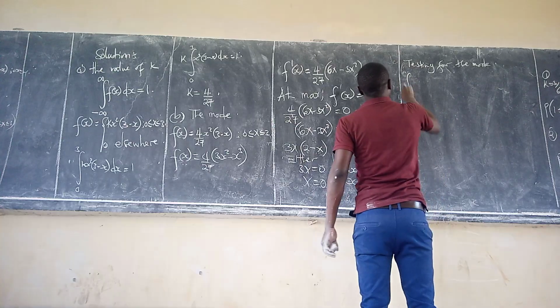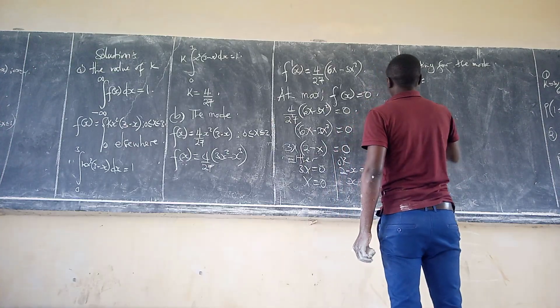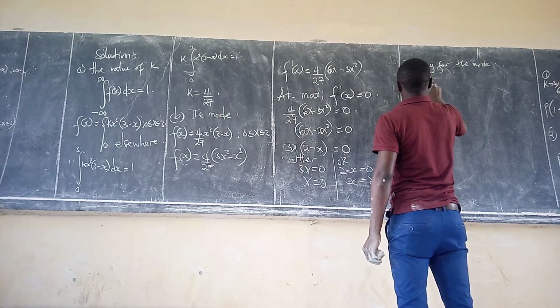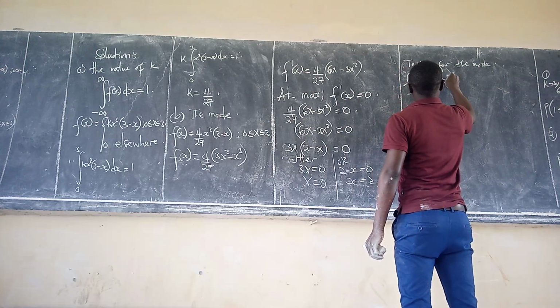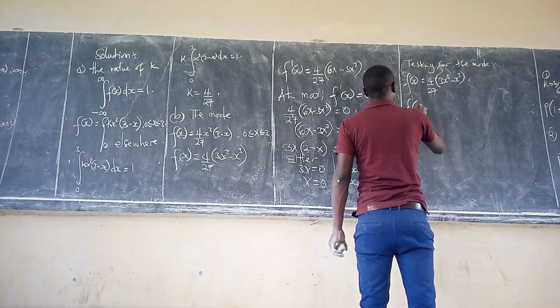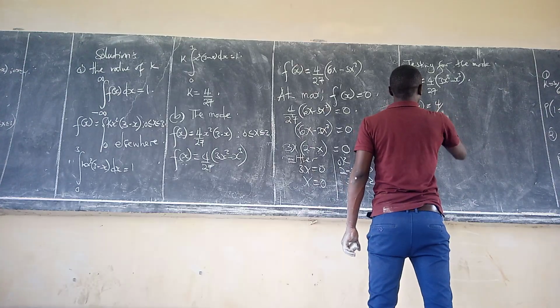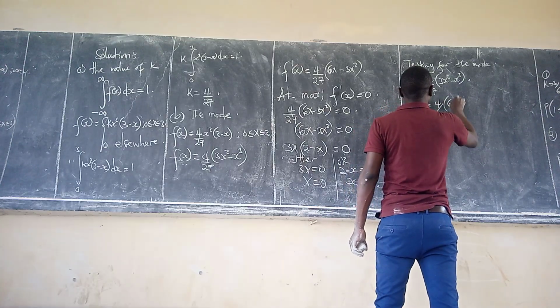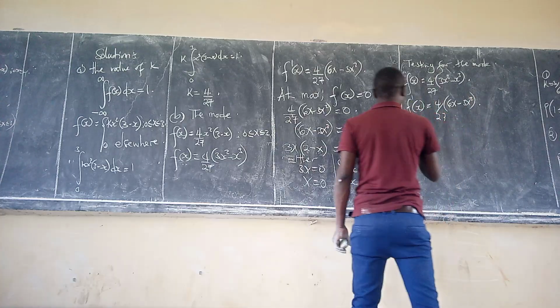Our f of x is 4 over 27 into 3x squared minus x cubed. The first derivative of that function is 4 over 27 into 6x minus 3x squared.